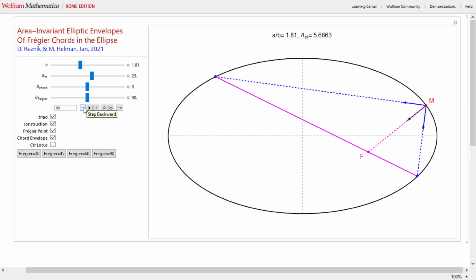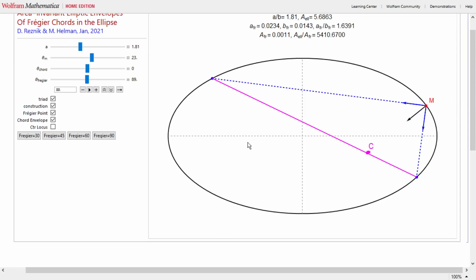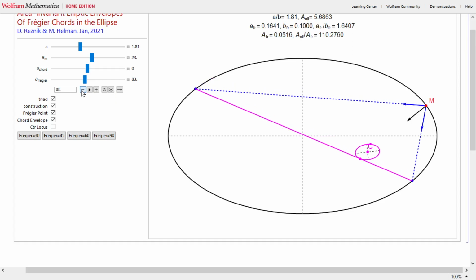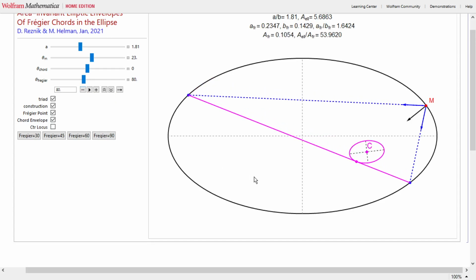If I deviate from that by 1 degree, all of a sudden I have something here. Let's go to 88 degrees, and 87, and 86, and 85, and 84, and 83. So let's go to 80 degrees. What is this? This is an ellipse.